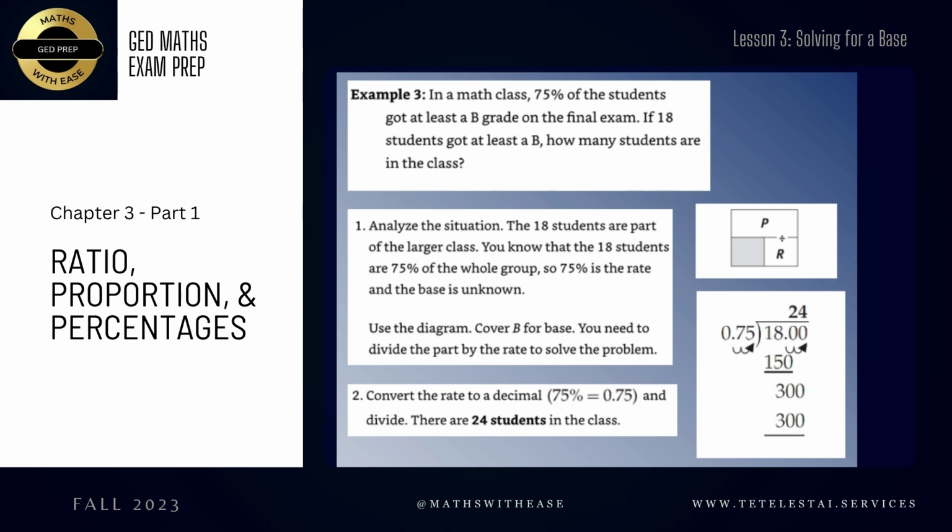So you're going to look at your little diagram. We have our rate, which again, if you remember, your rate is always written as a percentage, right? And in this case, our rate is 75%. Sometimes the rate can be given to you as a decimal, right?